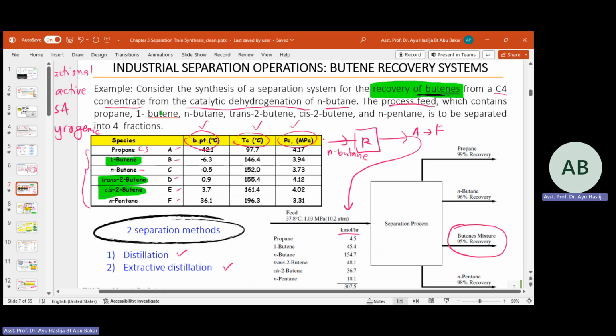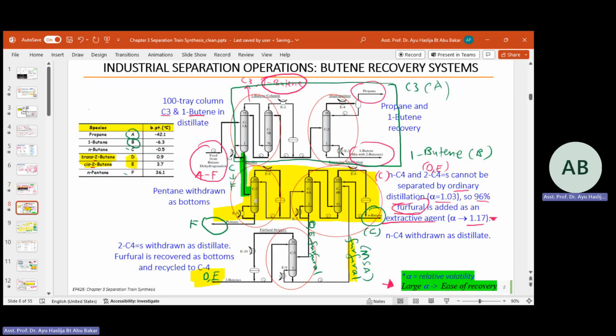Perhaps you should have another column which mentions the relative volatility between the components. Maybe between propane and butane, it has its own relative volatility. Butane and this, between two components. Okay, we'll go through examples so that you understand later.